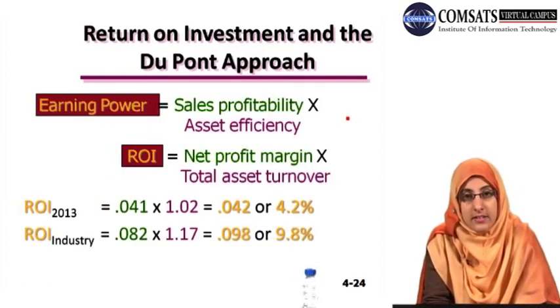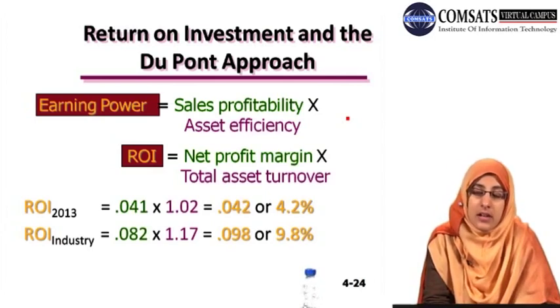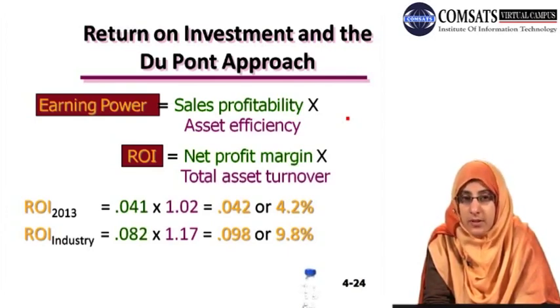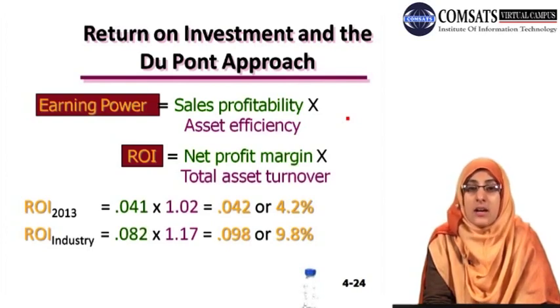Now, if we look at another kind of analysis for finding out return on investment and return on equity, we have another type of approach, that is the DuPont approach or DuPont analysis. DuPont analysis is a method of measuring the performance of a company or the financial health of a company.